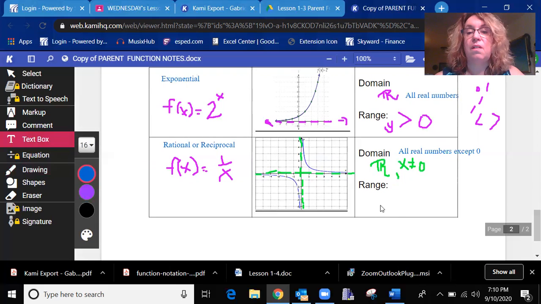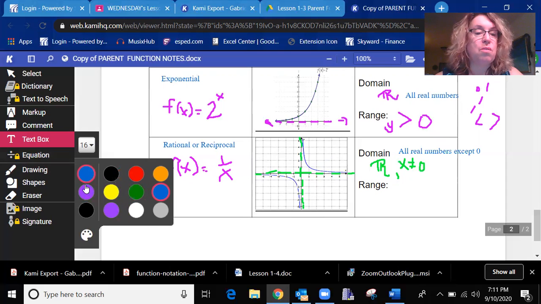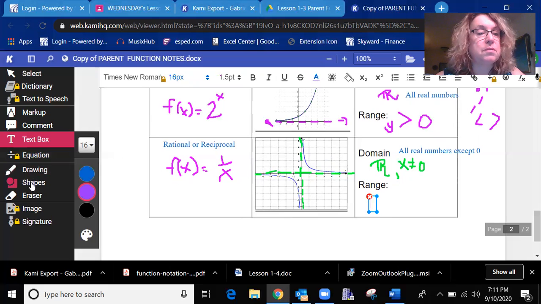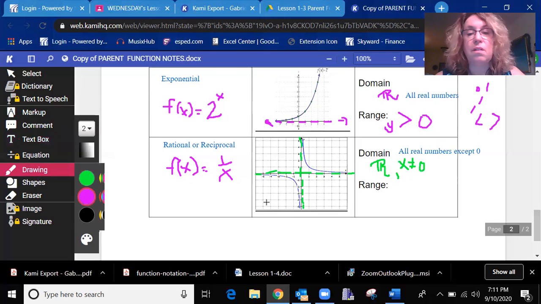Range, how far down? Well, it's going down forever. How far up? Up forever. So this one also, I'm going to make this one real colorful here. Drawing. Well, so it's going forever, forever.